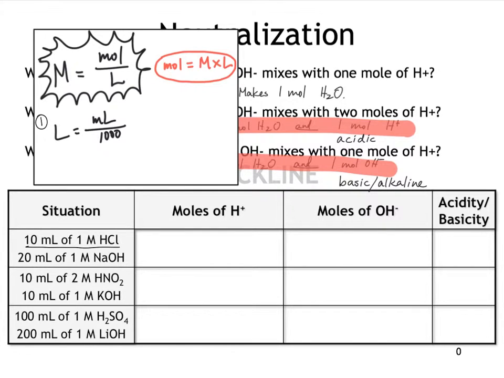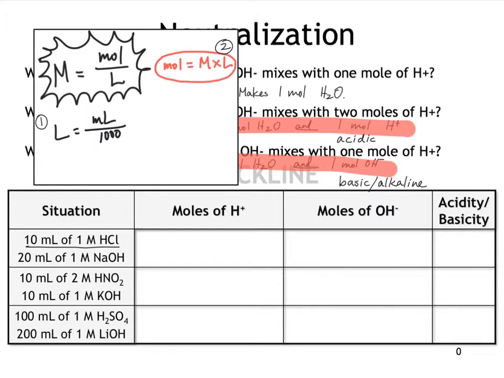Because right now it's given in milliliters. And then secondly, once we know the number of liters, we'll use it in this equation here, which I rearranged so that it says moles is molarity times liters, but we will need those liters from the previous step. So this will be step 2.